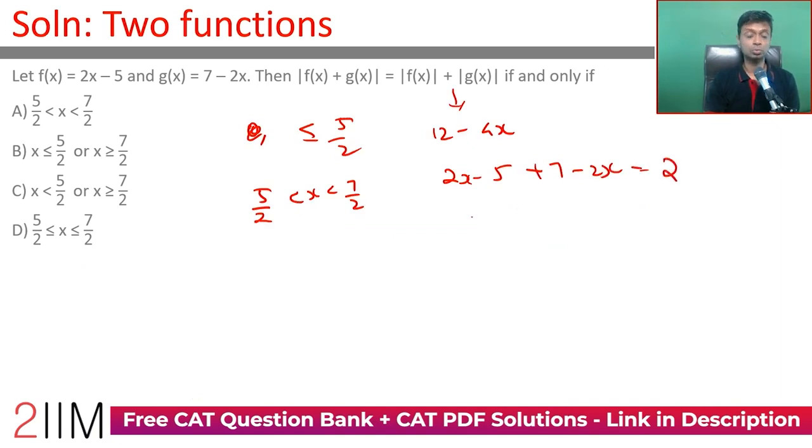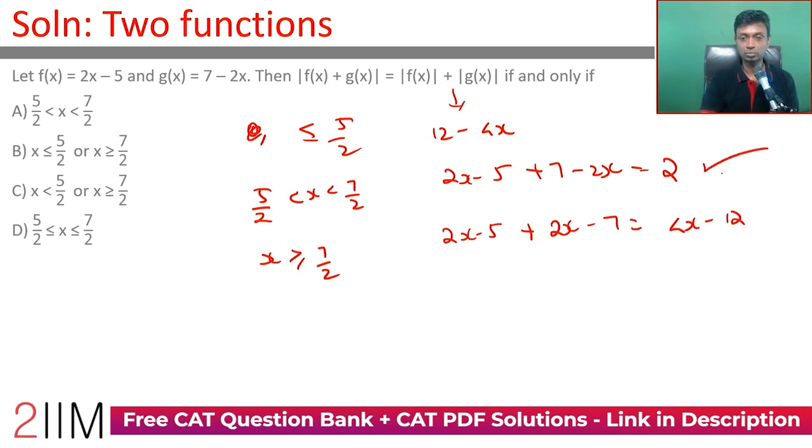This is 2. X is greater than or equal to 7 by 2. This will become 2x minus 5 plus 2x minus 7, which is 4x minus 12. So here it is 2. Fine. In these two ranges, it doesn't work.